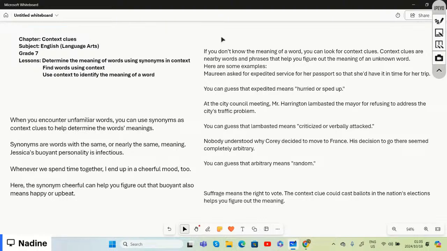So when it comes to context clues, when you encounter unfamiliar words, and there's always going to be a time where you encounter unfamiliar words, you can use synonyms as context clues to help determine the words' meaning.